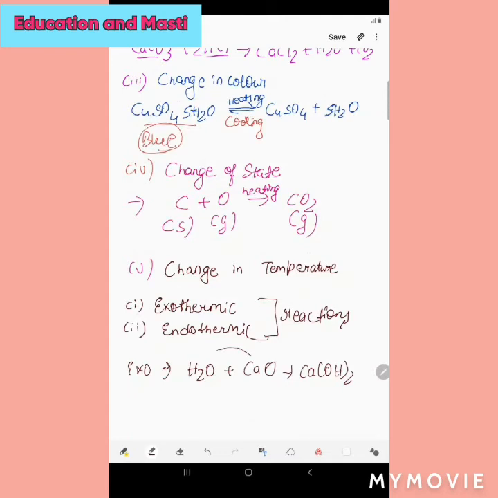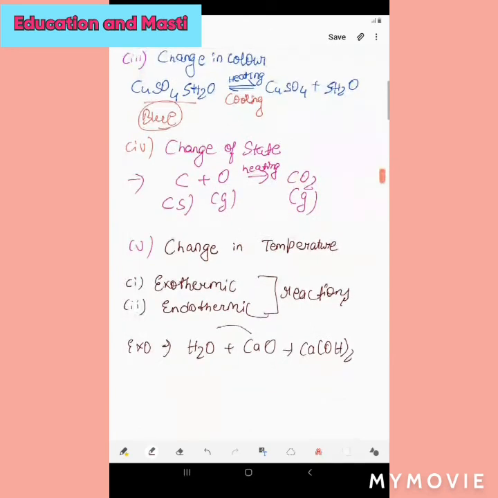This reaction produces a lot of heat energy which boils the water being added. When these both mix, they form calcium hydroxide, and this reaction has so much energy that the water is boiled. This reaction is highly exothermic and the apparatus in which it is performed becomes very hot. So this is an example of an exothermic reaction.